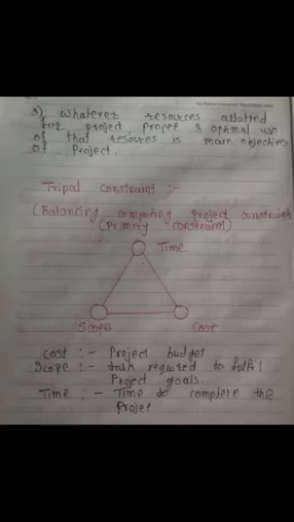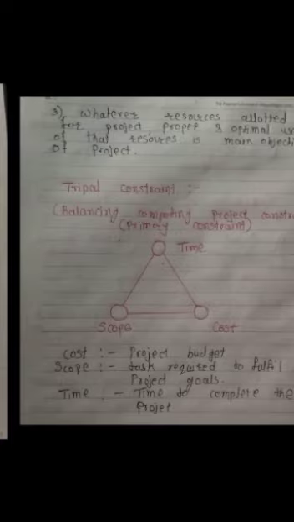Third is the time. Time is nothing but the schedule or the time required to complete all the activities in a project. So these are the three primary constraints of project management. First is scope, cost and time, and out of that cost is having the first priority, scope the second priority and time required is the third priority. These are the primary constraints.